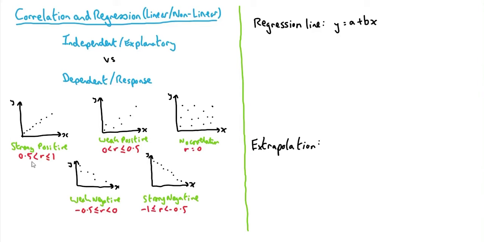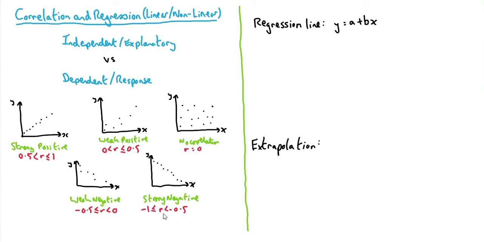Anywhere really for the R value between 0.5 and 1 you would describe as a positive correlation, a strong positive rather. Anywhere between 0 and 0.5 would be a weak positive. 0 itself would be when there is no correlation. Then between 0 and minus 0.5 would be your weak negative, and between minus 0.5 and minus 1 is that strong negative.